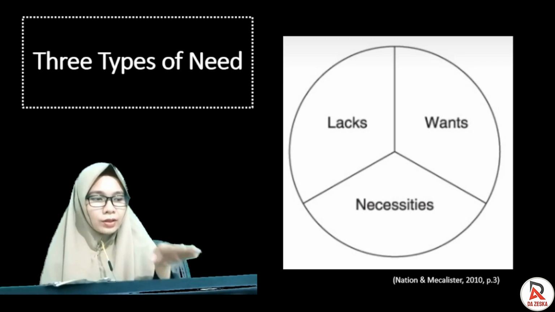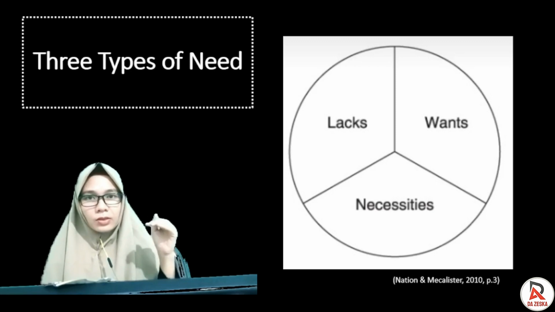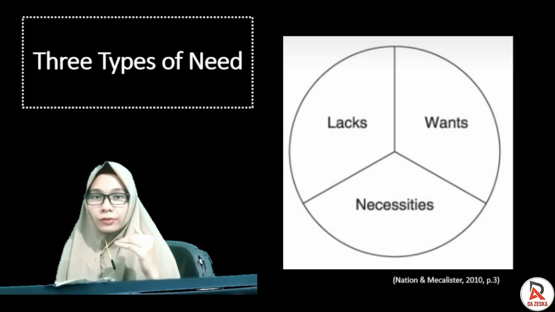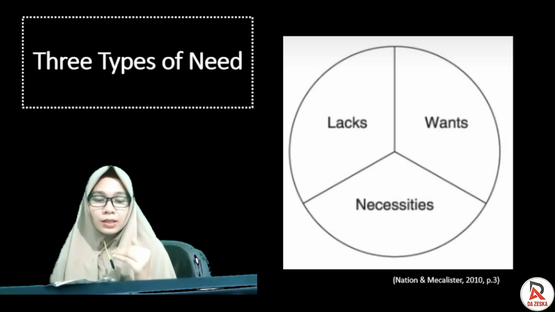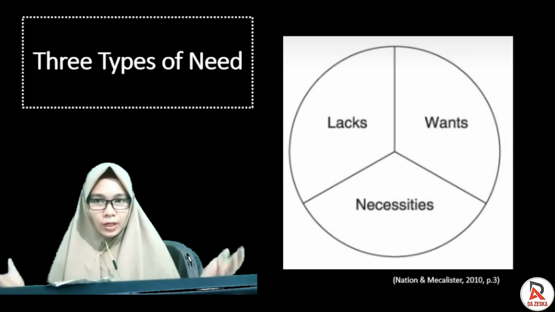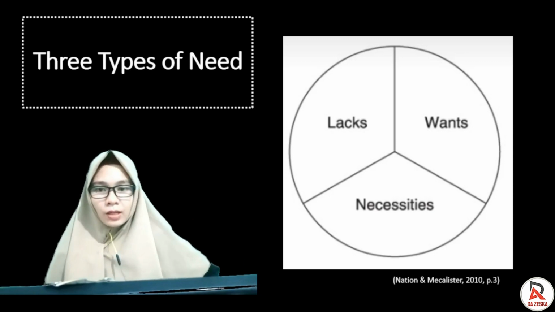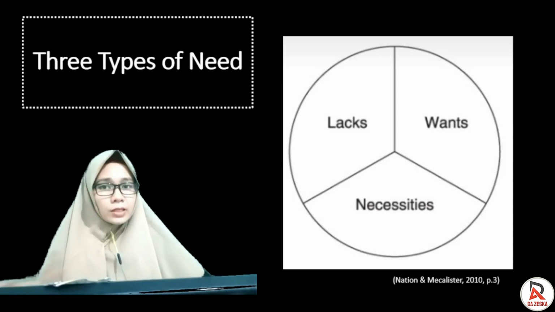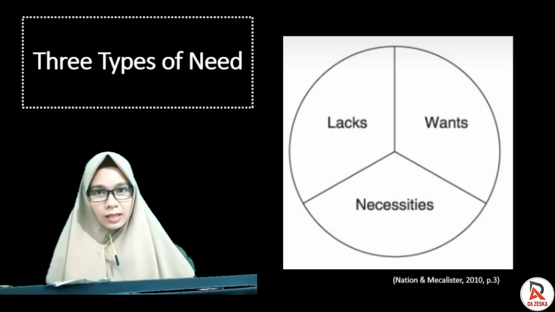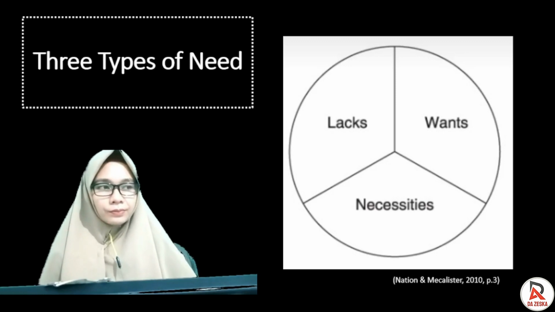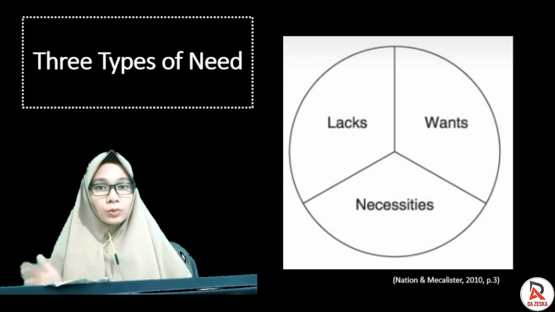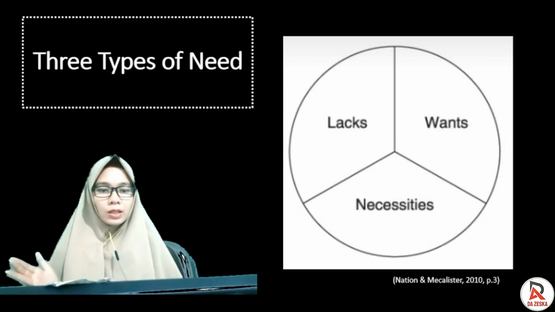The government has already stated the competency they should have, and you've got to find out the materials or any kinds of things which are necessary for them. So that's necessities, in Bahasa Indonesia, the real kebutuhan dari siswa itu sendiri.